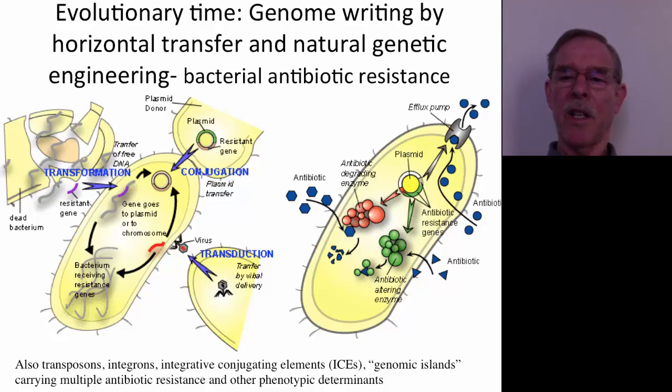And what is shown on the right is the results of these horizontal transfers, which are the introduction of various mechanisms for inactivating antibiotics, changing the targets of the antibiotics so they're no longer sensitive, or even creating pumps to remove the antibiotics from the bacterial cell.